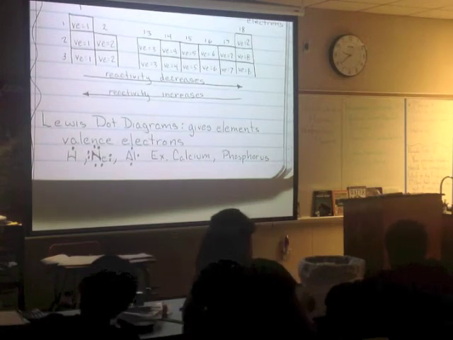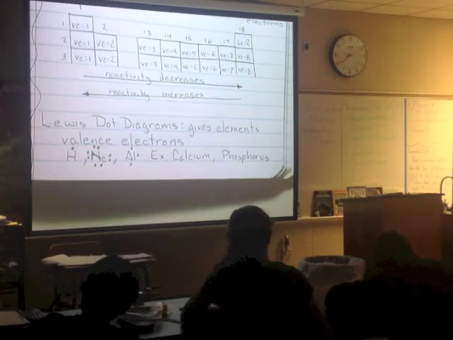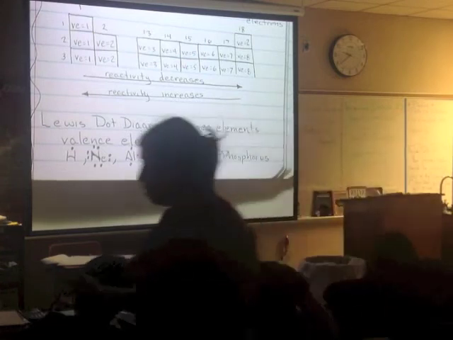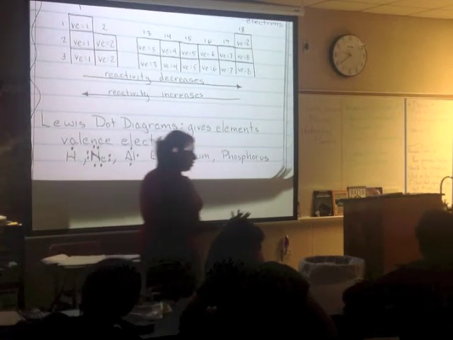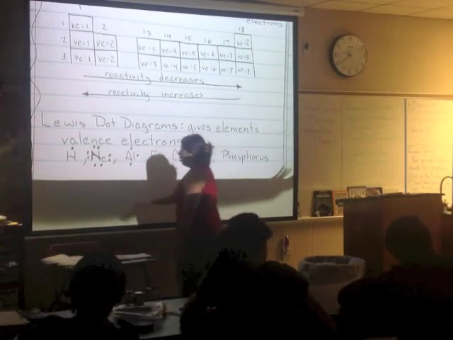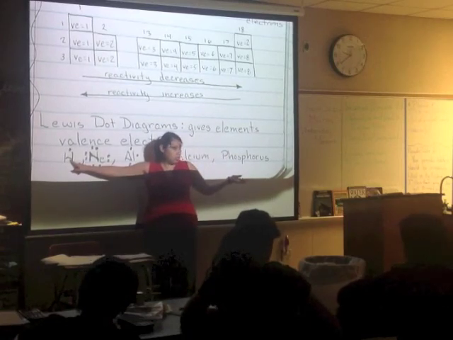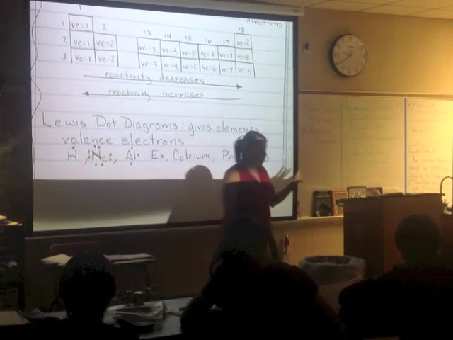So instead of writing that down, helium has one valence electron, you would write a shorthand way of doing that, which is a Lewis dot diagram. And the Lewis dot diagram just basically uses a symbol and dots to represent valence electrons. So, H is the symbol for hydrogen. Hydrogen with a dot on it tells you that hydrogen has one valence electron.